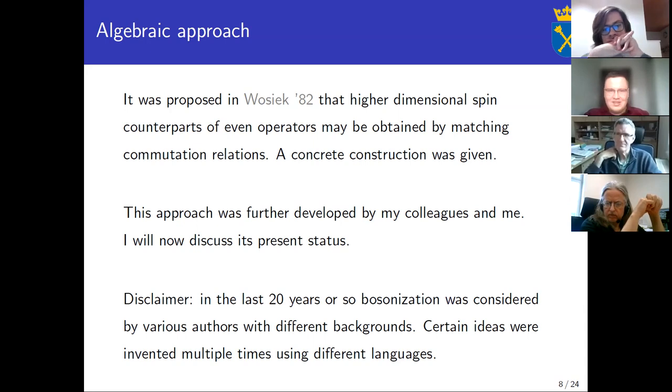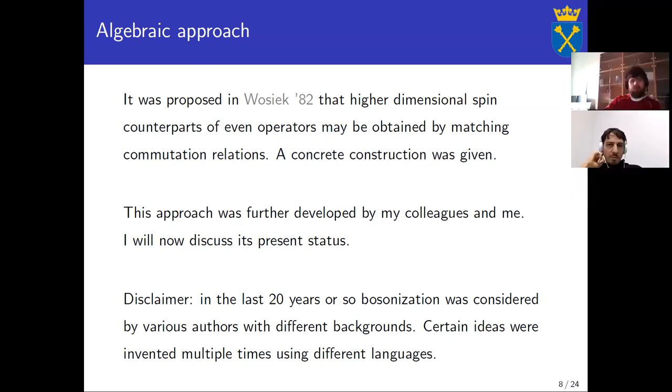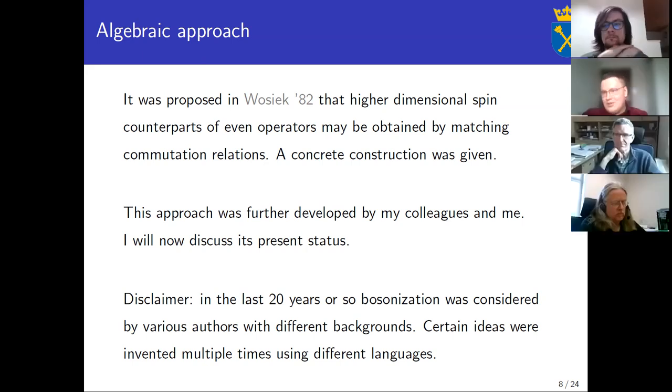For example, the original motivation of this paper in 82 was lattice quantum chromodynamics and an attempt to simulate lattice QCD. There are difficulties in Monte Carlo simulations if one has fermions in the theory. That was the original motivation. But later people considered a similar problem, for example, in the design of quantum algorithms.